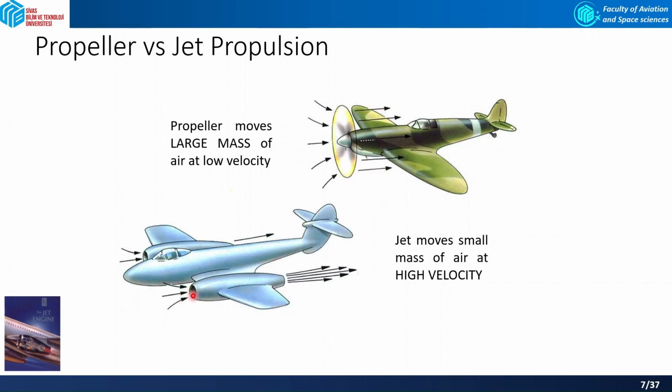So the velocity plays a major role here, the difference between the inlet and outlet velocity. Again, the multiplication of the mass flow rate, here a small mass flow rate in the case of the jet engine, and the high velocity difference will generate the thrust force for us. So this is the main difference between propeller and jet propulsion.